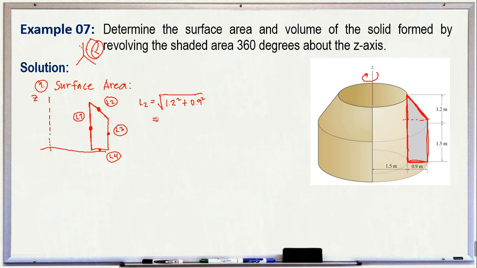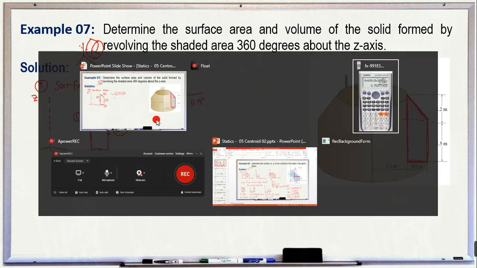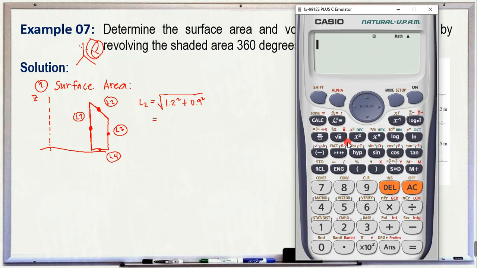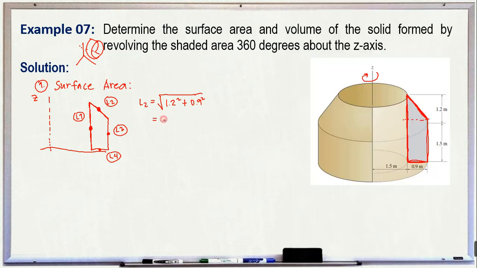Okay, so our L2, we have the square root of 1.2 squared plus 0.9 squared. So the answer is 1.5 meters. For the other lines, we can solve their values right away because the dimensions are defined.